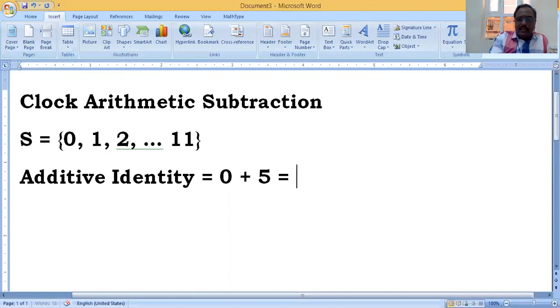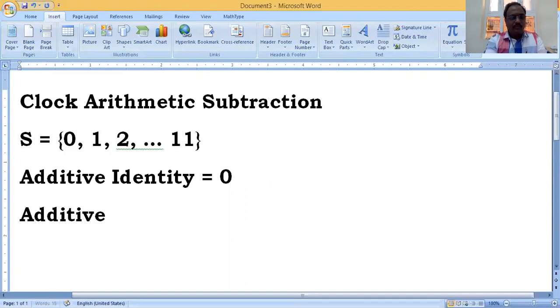Now, using this idea, we are going to discuss the additive inverse in the clock arithmetic system. When I say additive inverse, for example, I want to add some number to 1 so that I get the value 0.